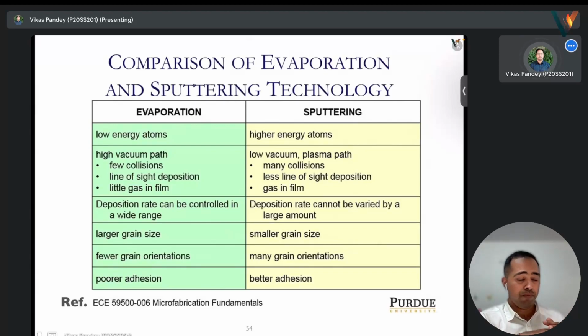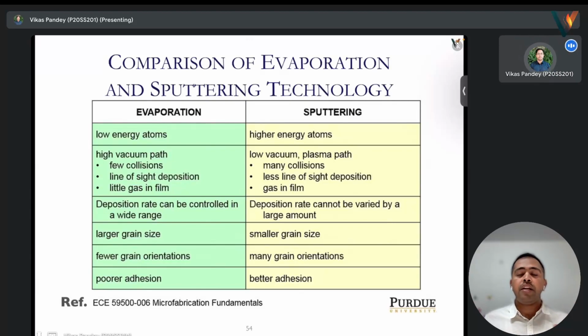Whereas in case of sputtering, it is a comparatively lower vacuum process, so more collisions will be there, less line of sight deposition, and there will be gas in the film also since some gas is already inserted.